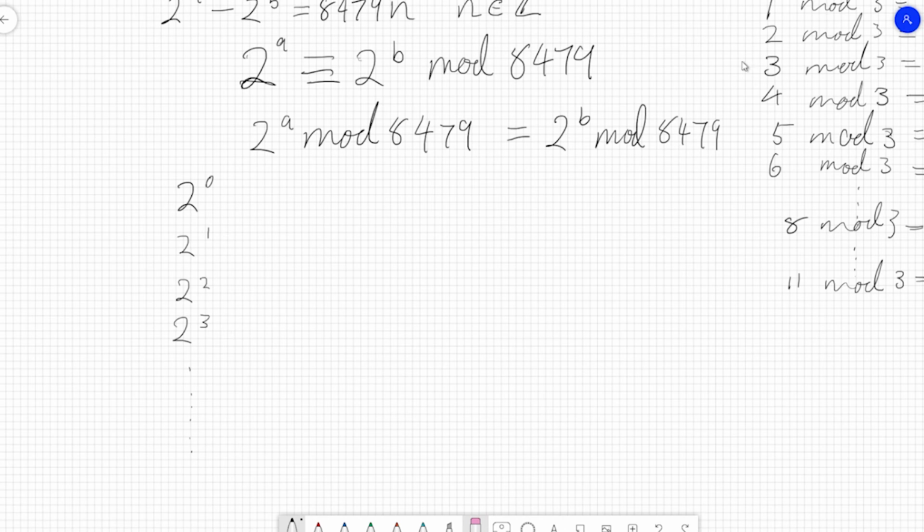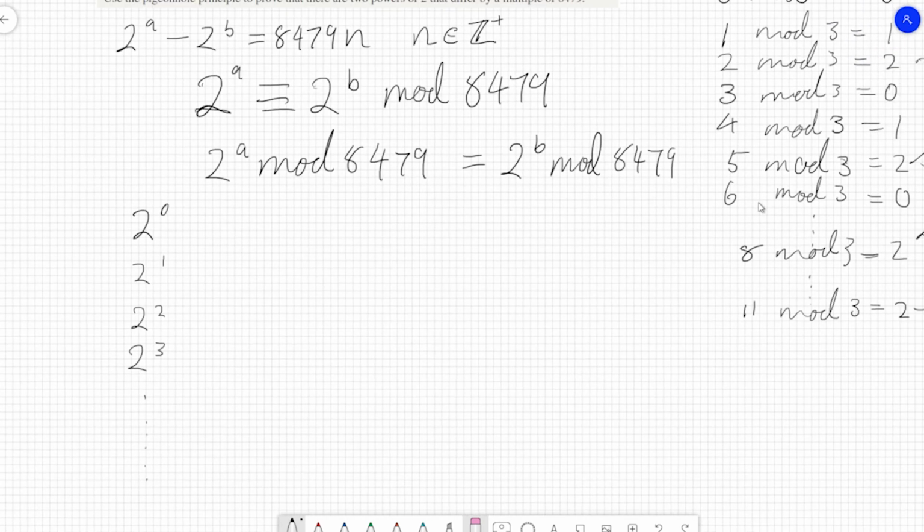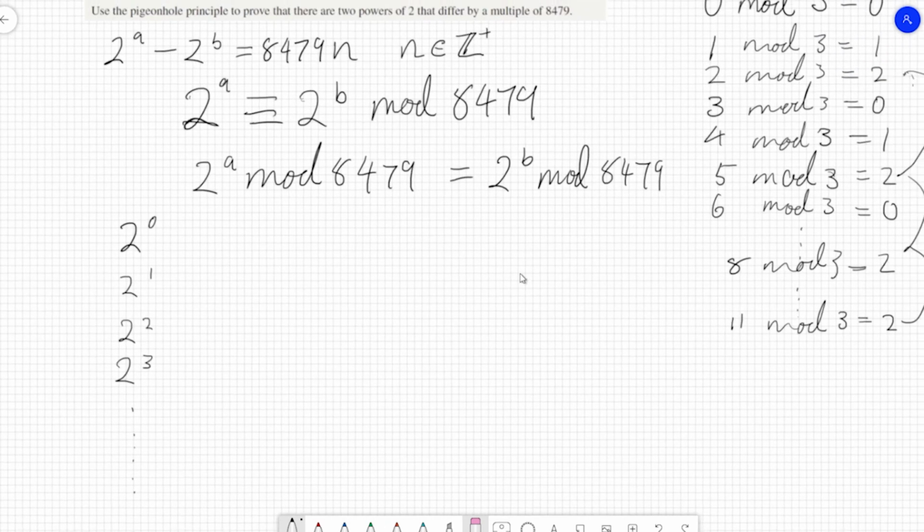So the cycles may not complete the same way here. However, we don't actually know what it will be. So what we can do is guarantee that we complete at least one cycle by going all the way up to 2 to the power of 8,479.